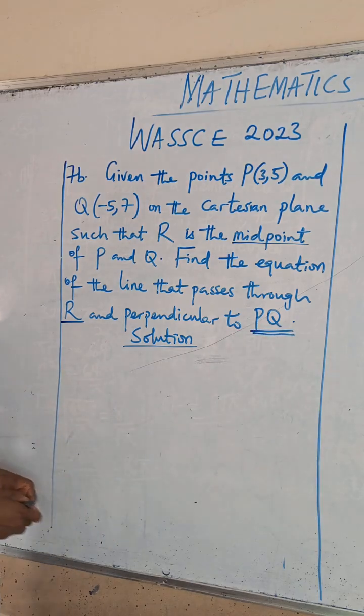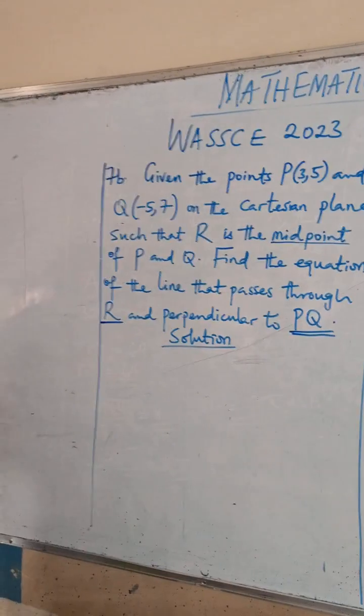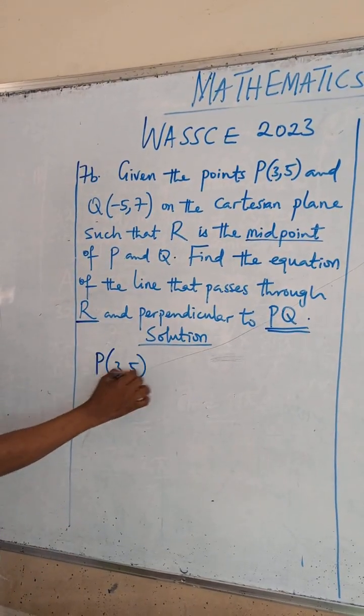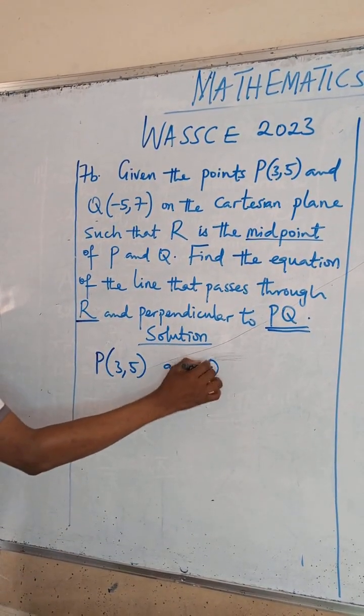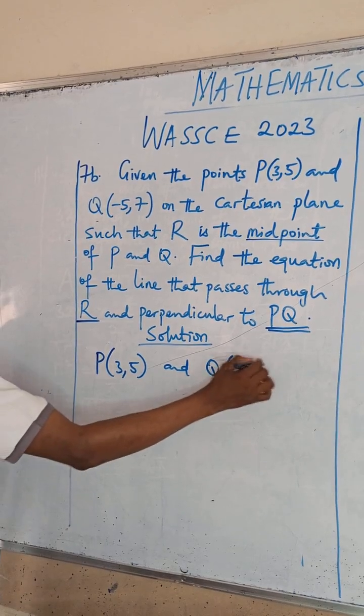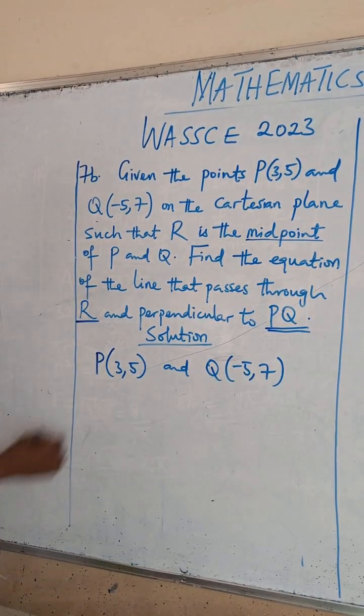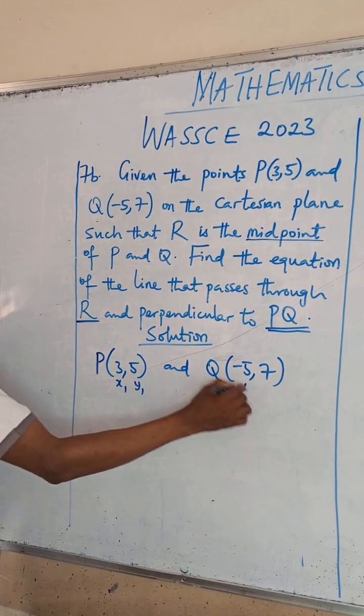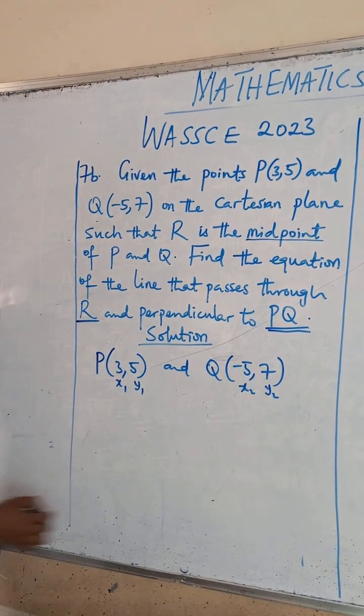So that means we're going to apply some conditions here. Let's start. They gave us P to be (3,5) and Q to be (-5,7). According to what we have learned, this will be my x1, y1 and this will be my x2, y2.